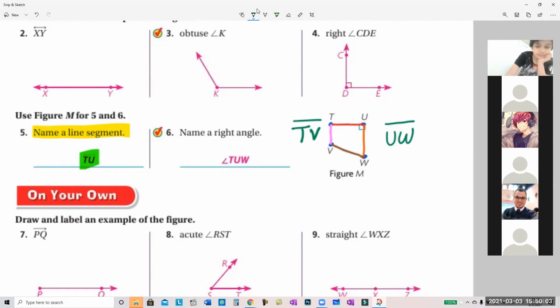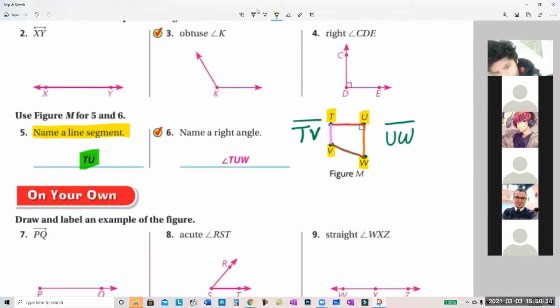Can you give me another line segment in this figure? Muhammad Abdul Wahid said TV, and Asir said UW. So I found one. There's one more.